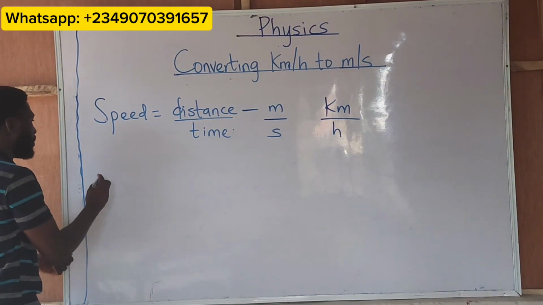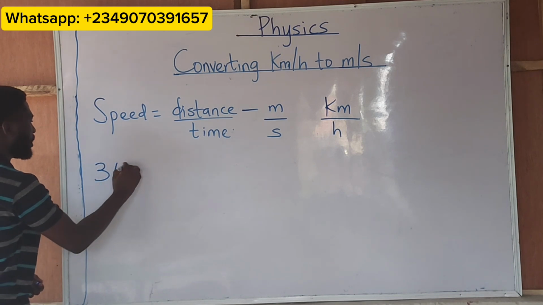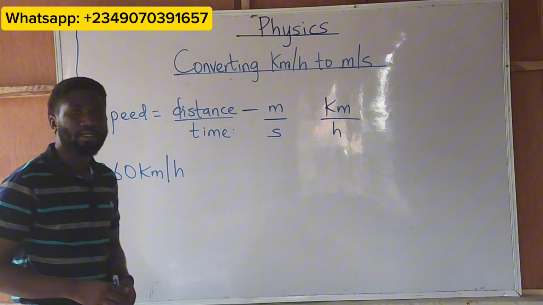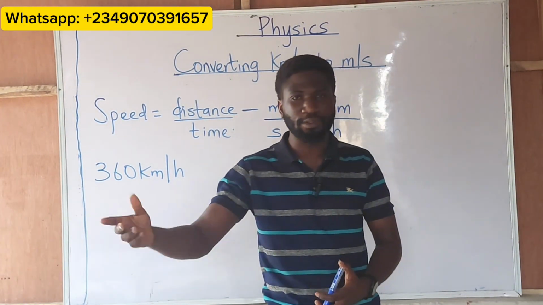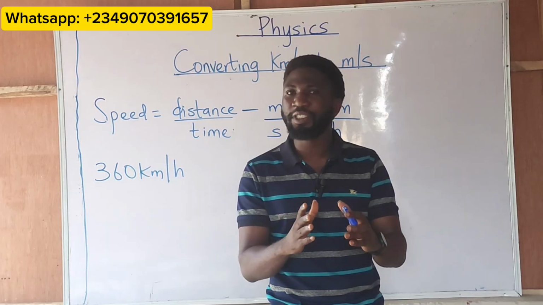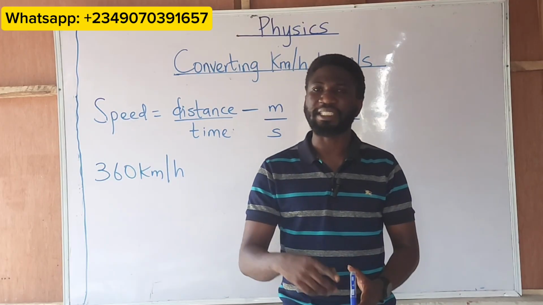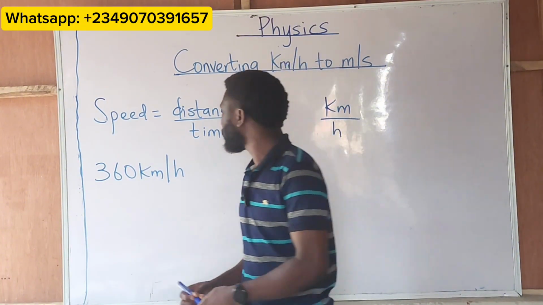Let's take, for example, let's say we are given 360 kilometer per hour, and you want to get this changed to meter per second. The SI unit of speed is not kilometer per hour, it is meter per second. So what do we do here?